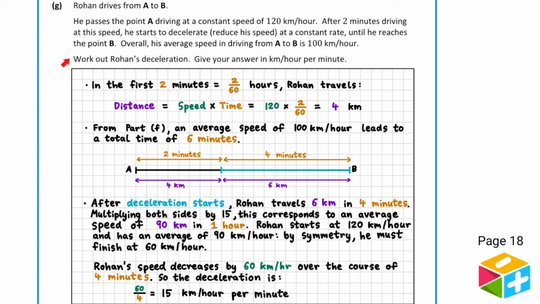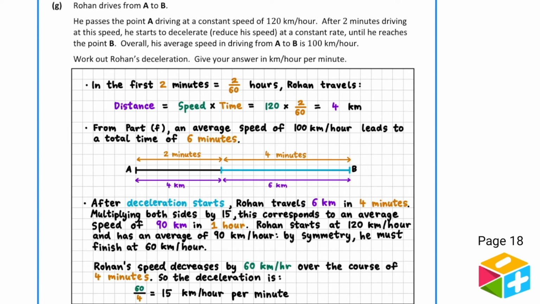We need to use this to figure out his deceleration. To start, let's think about the first 2 minutes of his journey. Since our speeds are given in kilometers per hour, I'll convert this to hours. 2 minutes will be 2 over 60 hours.